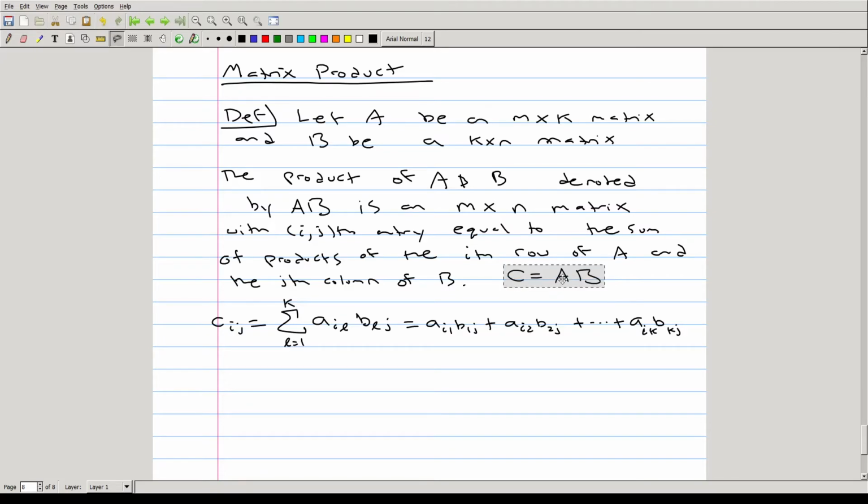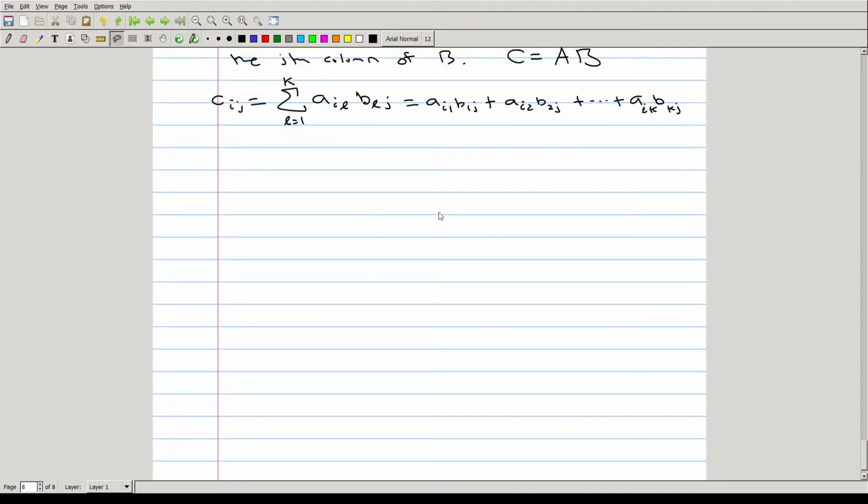So this gives us our definition here, and we can very clearly see how this is proceeding. And we've got a nice figure that we can take a look at, describing this process.